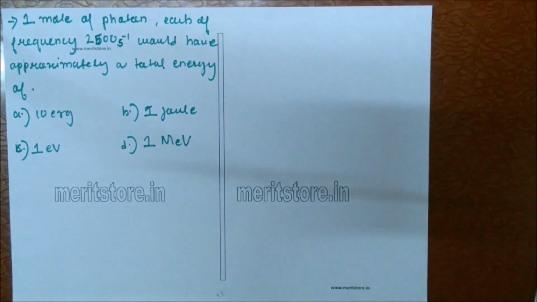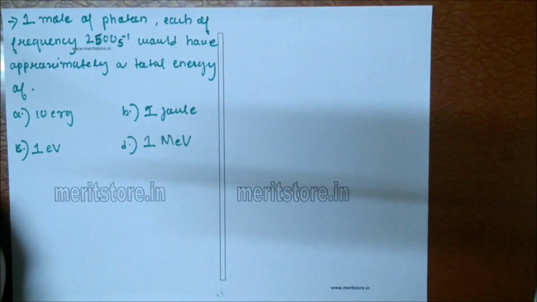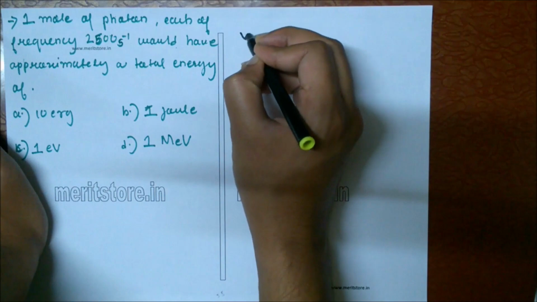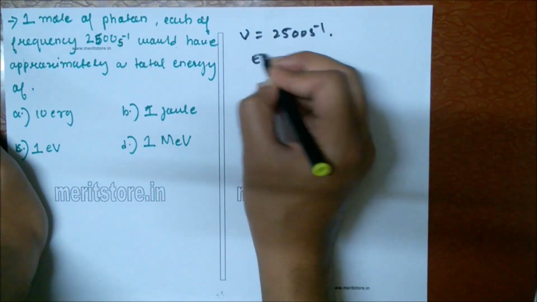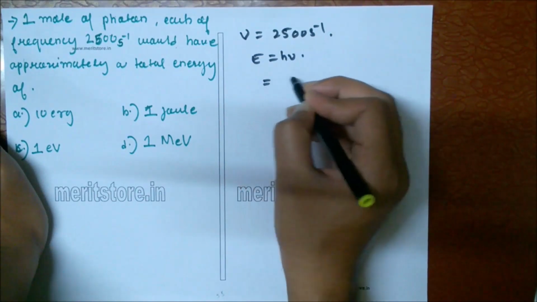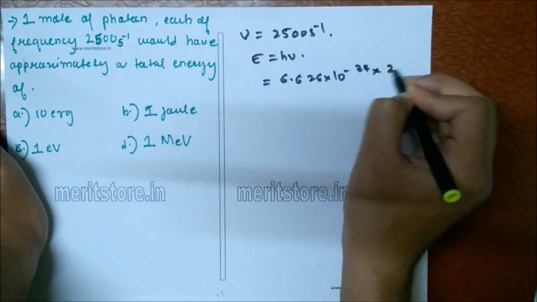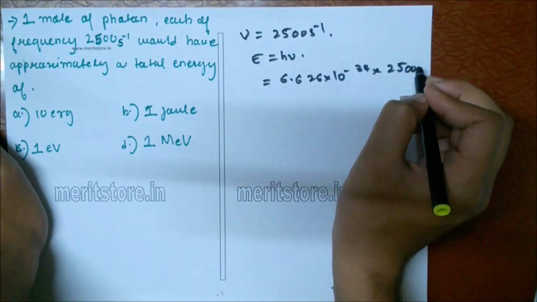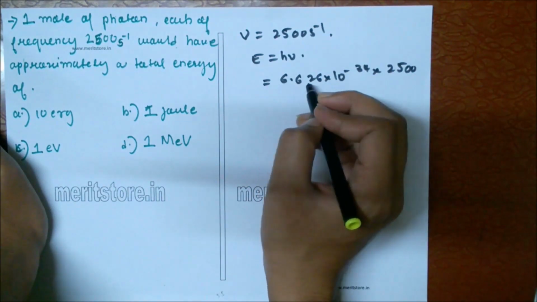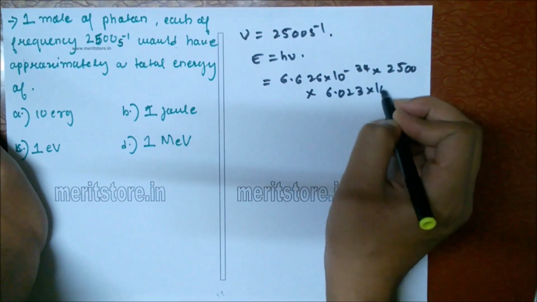1 mole of photon, each of frequency 2500 per second, would have approximately a total energy of. So in this particular question, we know that frequency is equal to 2500 per second. Energy is equal to h nu, so energy is 6.626 into 10 raised to minus 34 into 2500. Energy will be in joules. To find the energy of 1 mole, we have to multiply this with Avogadro number, which is 6.023 into 10 raised to 23.